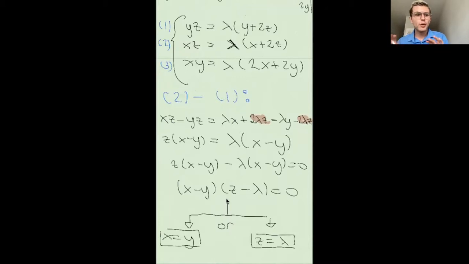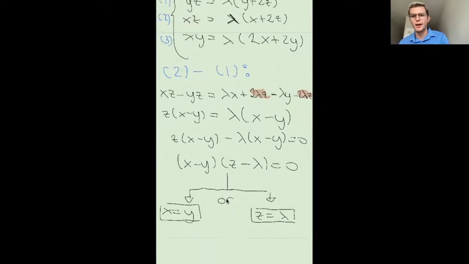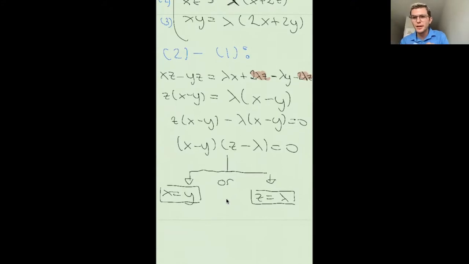Now, if x equals y, that actually brings you back to what we found a long time ago. Once we know that x equals y, we can find the same values that we found before, and you get to the same conclusion.